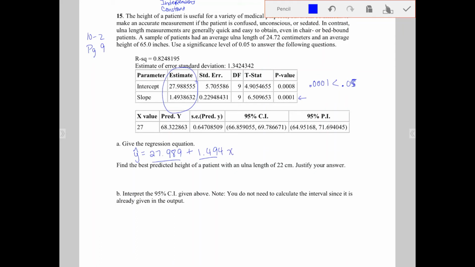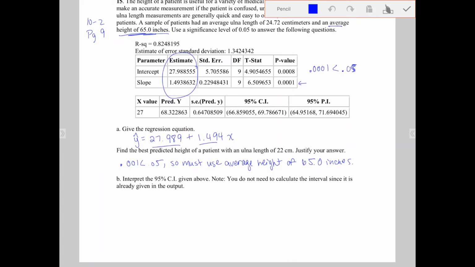Okay, well, what that means is we cannot plug it in. So what I'm going to do instead, read through my problem. Oh, here it is. An average height of 65 inches. So I'm going to say 0.0001 is less than 0.05, so must use average height of 65 inches.